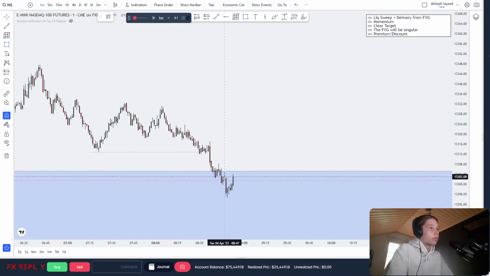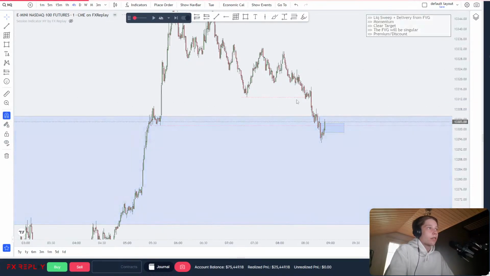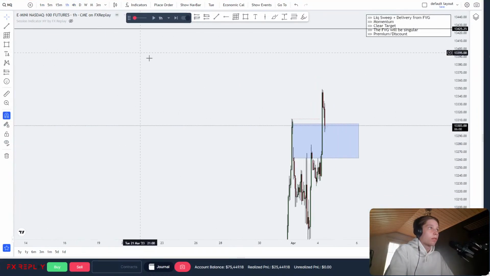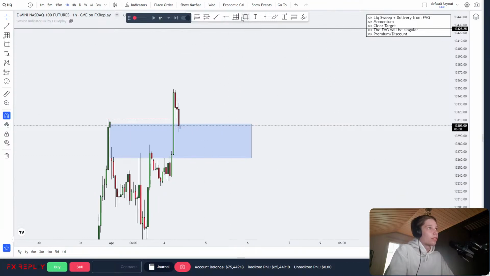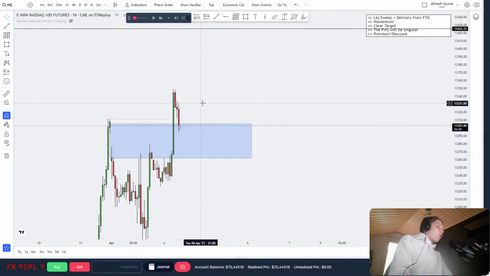So for example, okay, what do we have here? We swept the liquidity. We are not in discount, but it's a high time frame price leg. We tapped almost the equilibrium, so that's all we would really need.